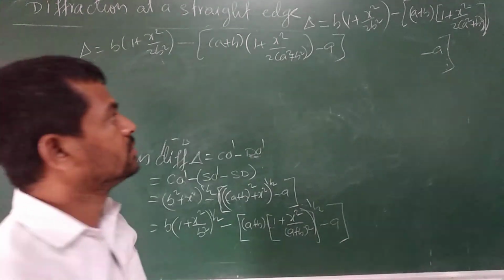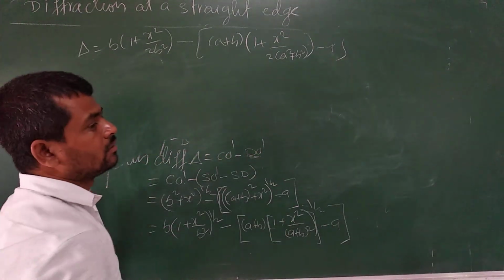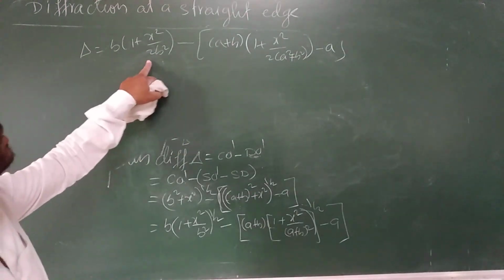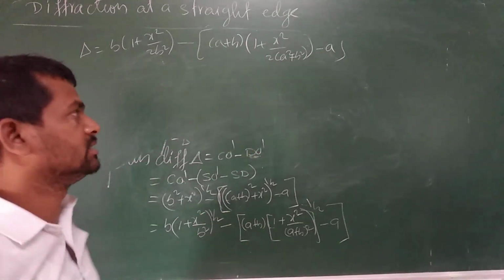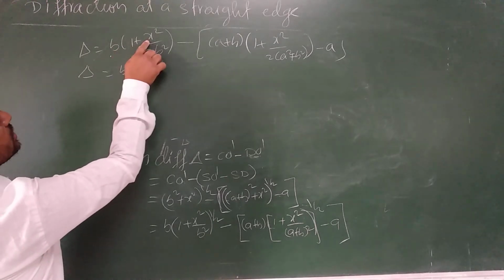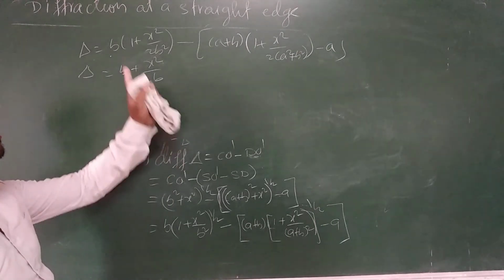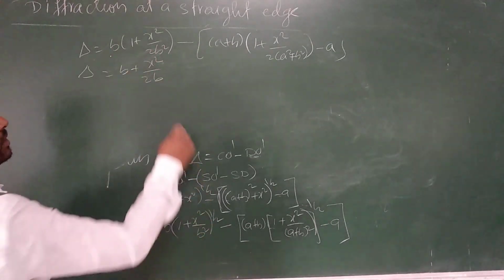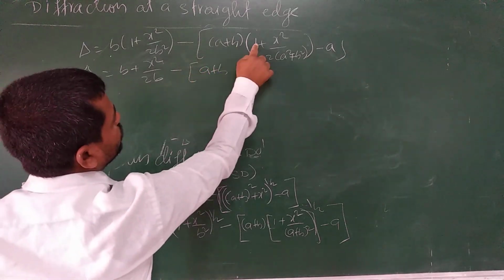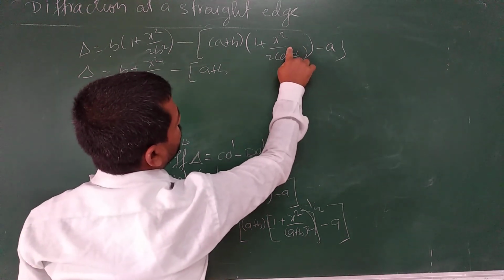I have written it here once again. Now multiply the b value and this value here and simplify. Delta is equals b into 1, b plus, b square cancel, x square by 2b. Minus here also a plus b into 1, a plus b into this by a plus b whole square.